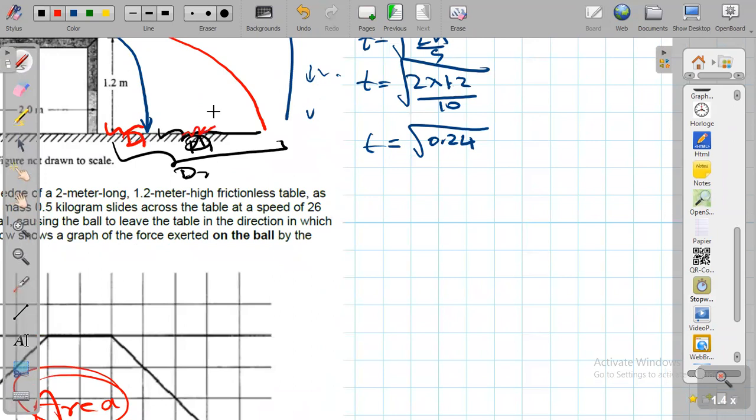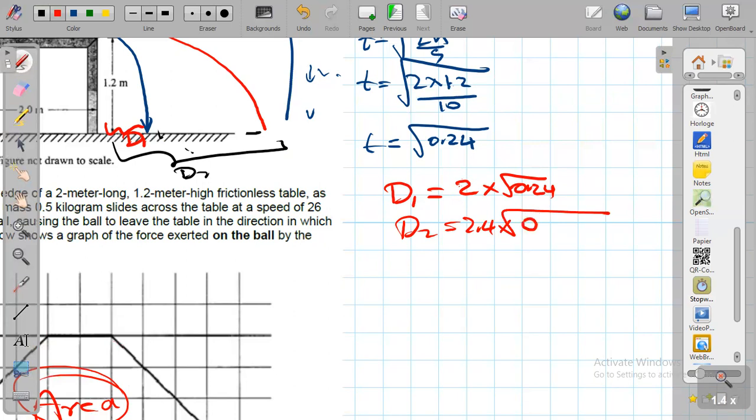d1, d2. How to find out d1? d1 equals 2 times root 0.24, and d2 equals 2.4 times what? 0.24.